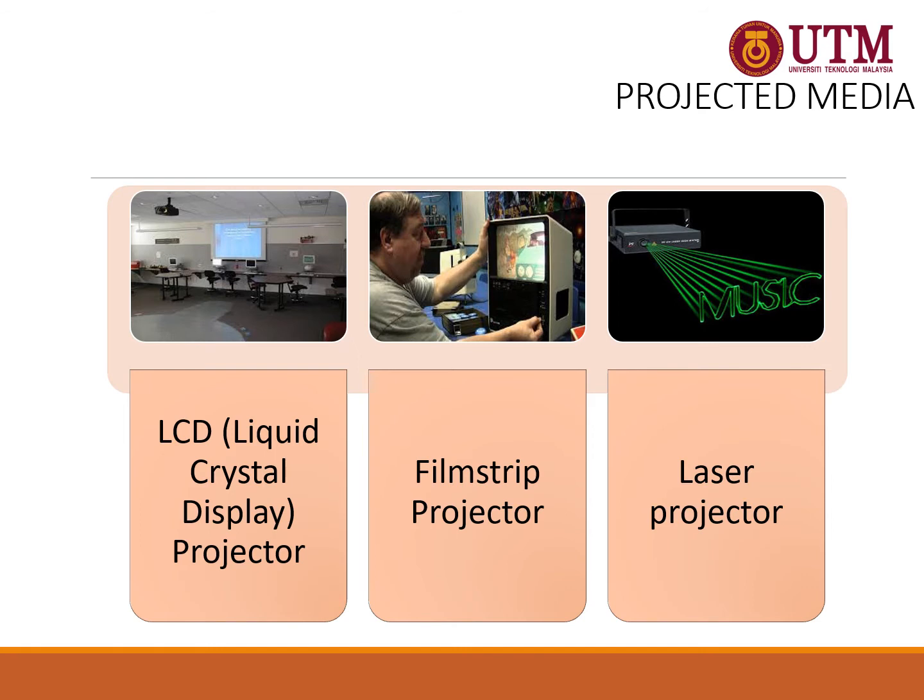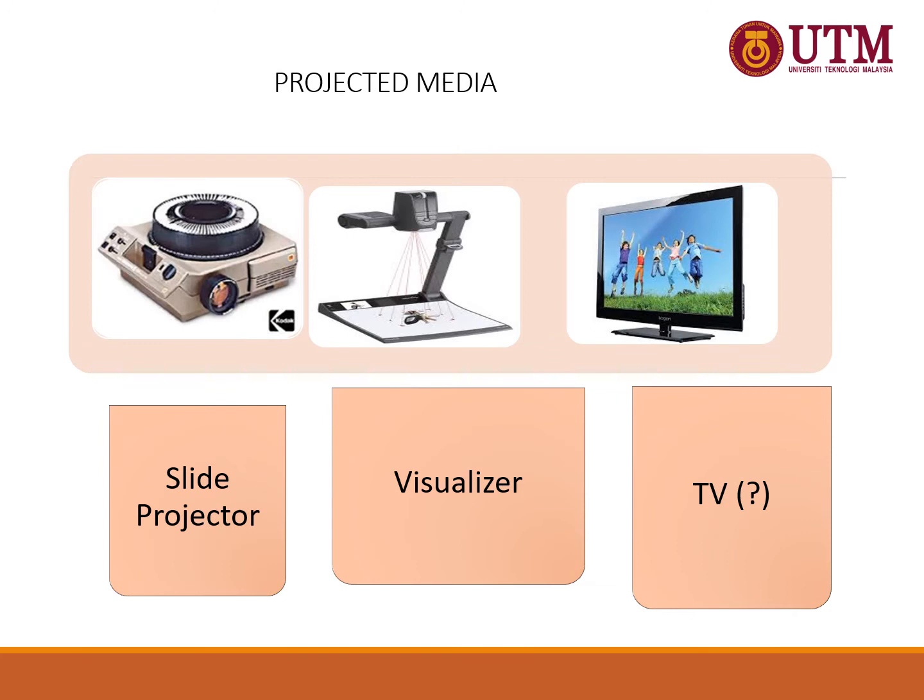And then we have the laser projector. This laser projector only projects or presents words or shapes or whatever it contains of laser lights. And then we have the slide projector, which aims to project slides.